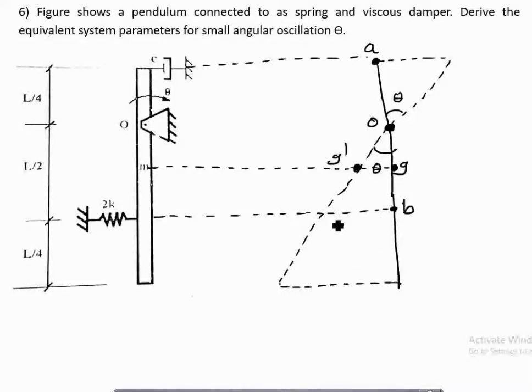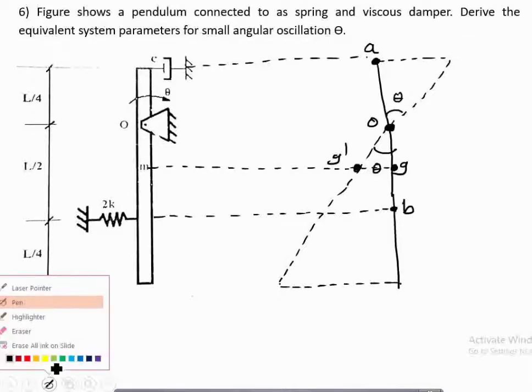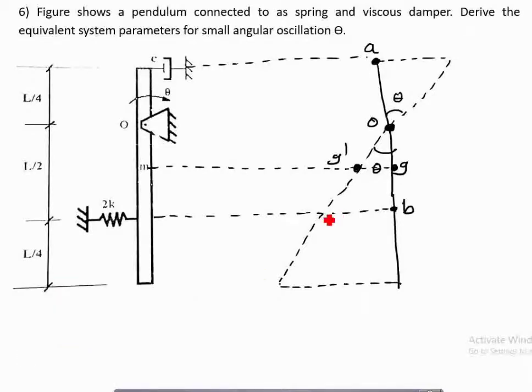Let us say this distance is x, that is the displacement of the spring. Again, this distance is x. Let me call the displacement of the CG from G to G dash again x. This distance is the displacement of the damper. Now we know this distance is capital L by 4.